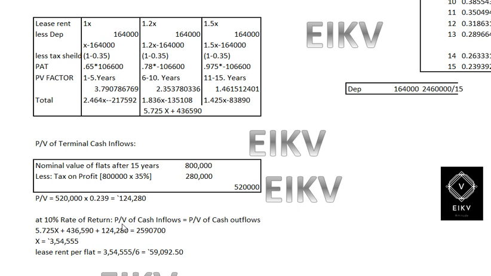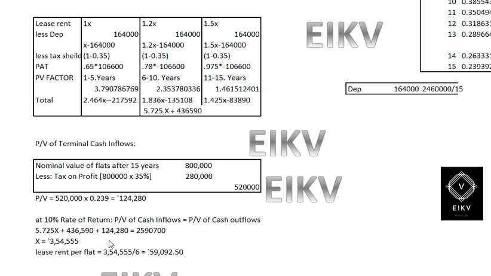Now the final calculation at 10% rate: PV of cash inflow equals PV of cash outflow, which is 5.725x minus 4,36,590 plus 1,24,280 equals 25,90,700.